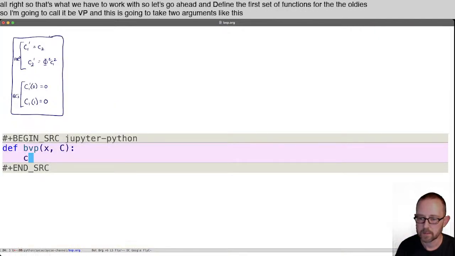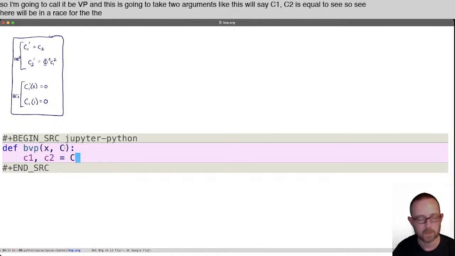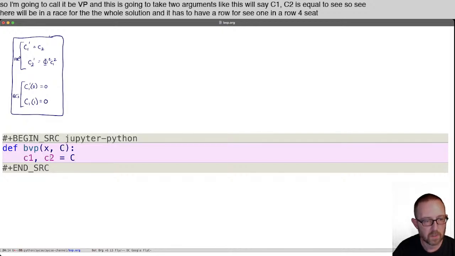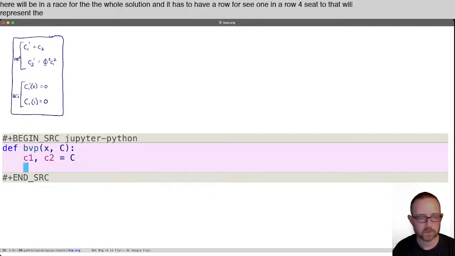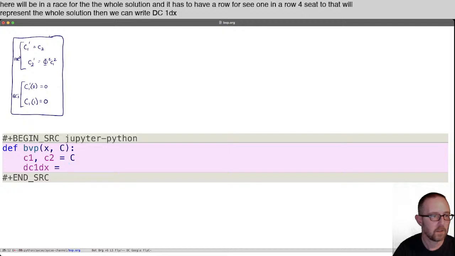We'll say C1, C2 is equal to C. So C here will be an array for the whole solution, and it has to have a row for C1 and a row for C2 that will represent the whole solution. Then we can write dC1 dx. That one up here is equal to C2, so we just write it directly.